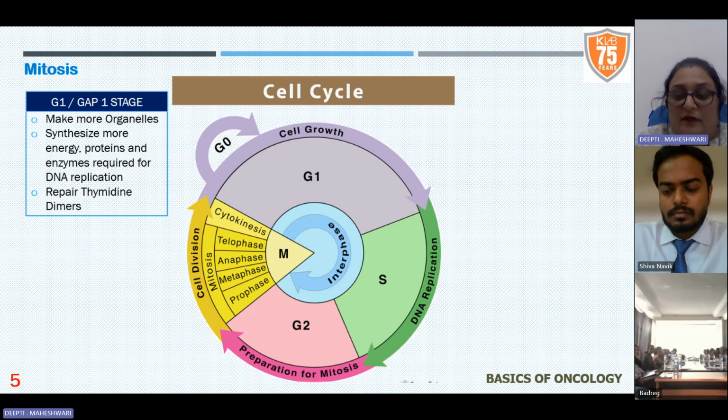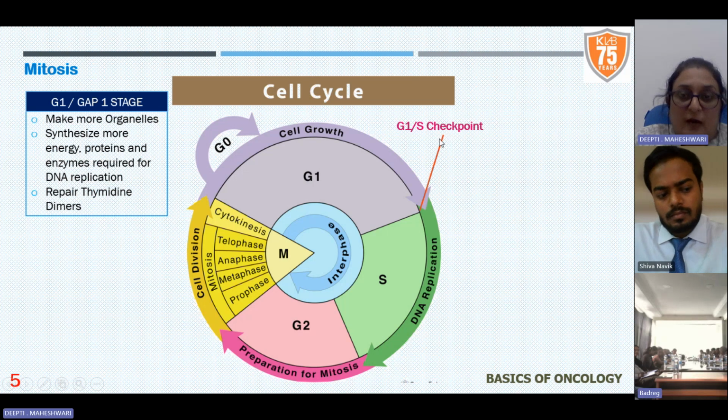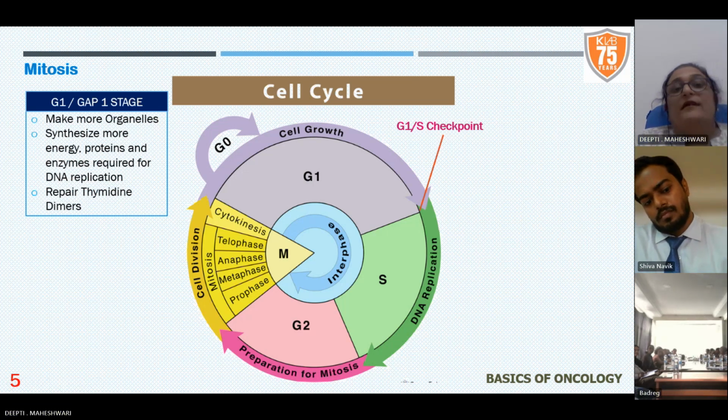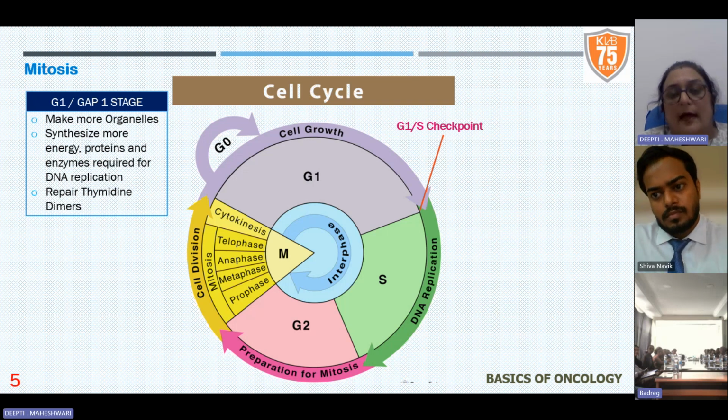So after the G1 phase, you have the G1S checkpoint, as you can see here. Now, what is this G1S checkpoint? When the cell is preparing itself in the G1 phase, the cell has to enter the DNA replication phase.